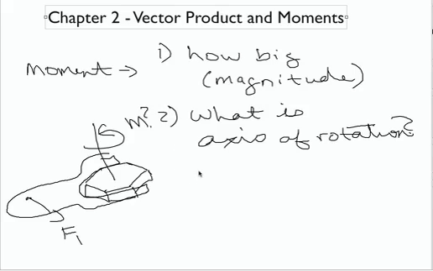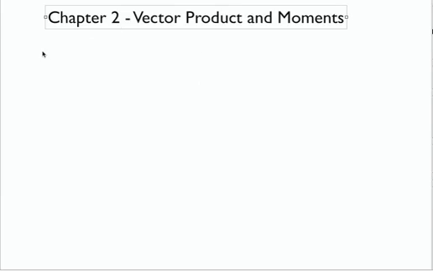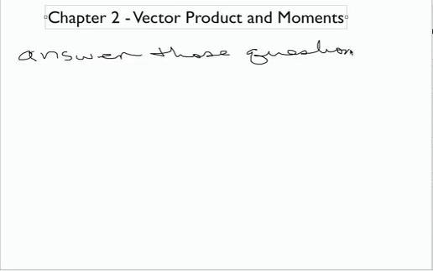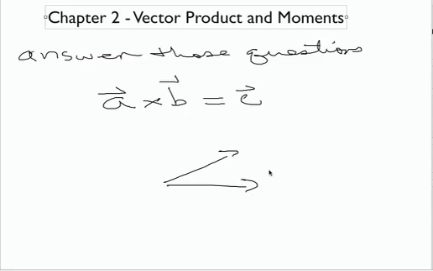Well, there's a mathematical vector operation called a vector product, and we answer those questions with the vector product. A cross B equals C. And this is the sort of geometrical interpretation of this. A, B.